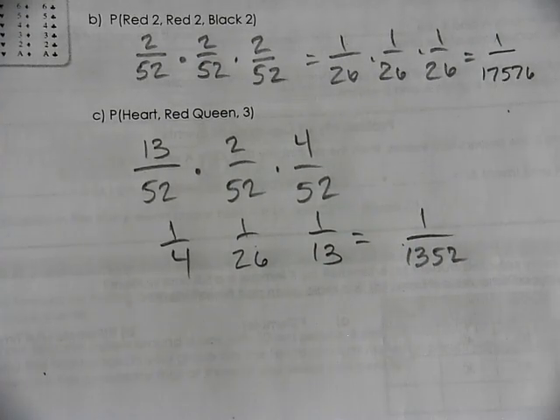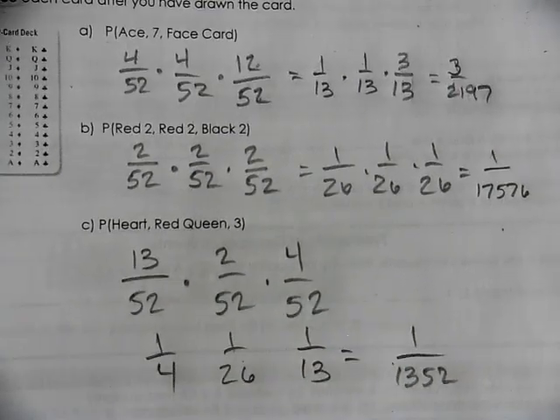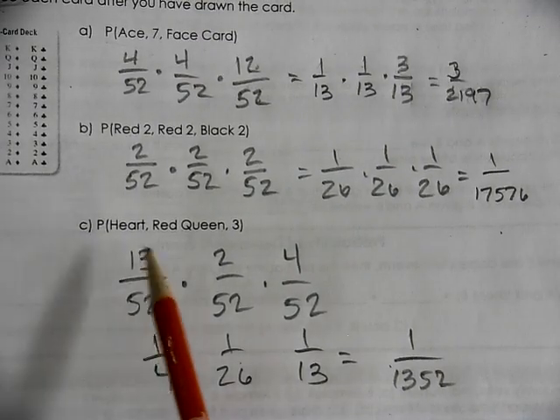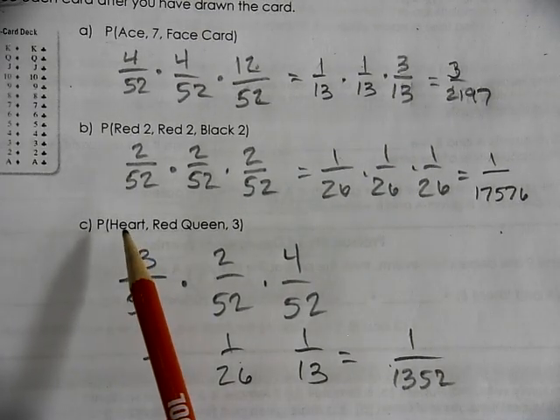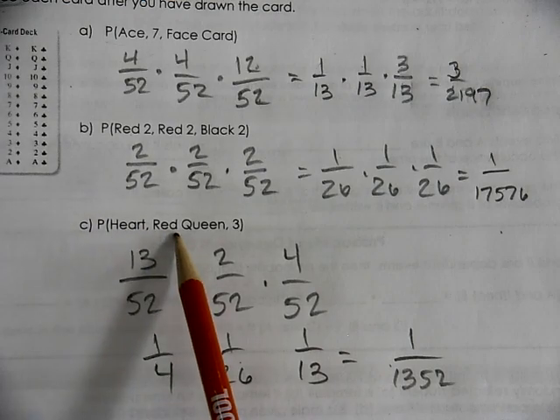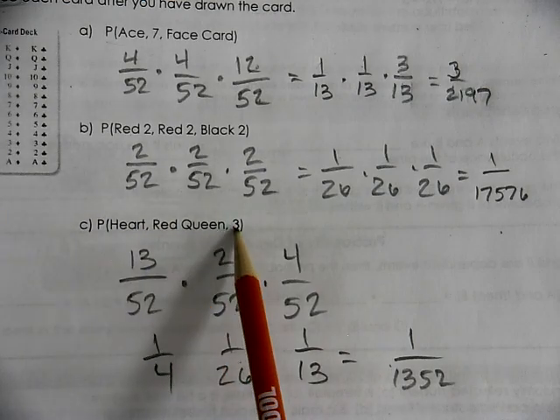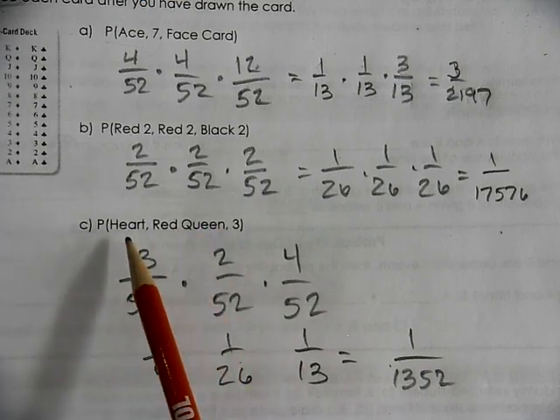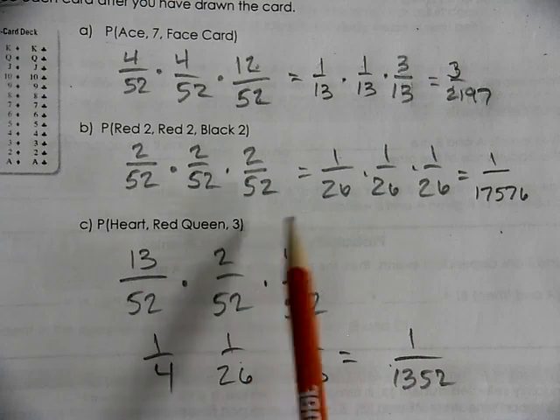There would be your probabilities. Good job. Again, remember that this is the probability of drawing a heart, then a red queen, then a 3. Not a 3, a red queen, and a heart in any order. It has to be this order.